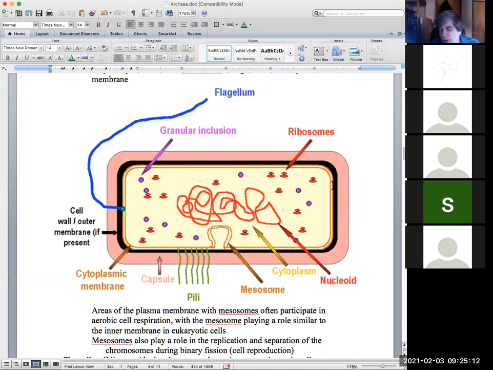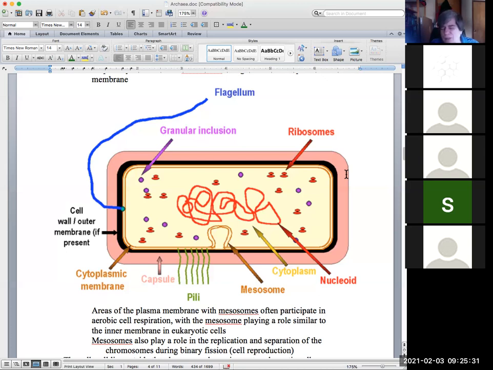And really, if we look at the cell wall and the capsule, which is sometimes called a slime capsule, they have very similar functions. They both protect the cell. Like the cell wall, the slime capsule itself is not considered to be alive.